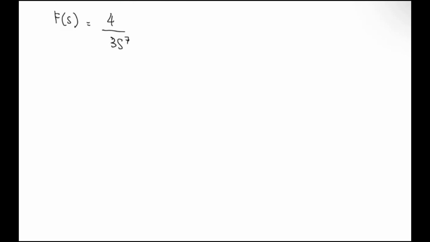Once again, because we only have s to the power of n, I need to use the property that t to the power of n equals n factorial over s^(n+1). So first, let's modify this function. We put 4 over 3 outside. Here we have 1 over s^7.